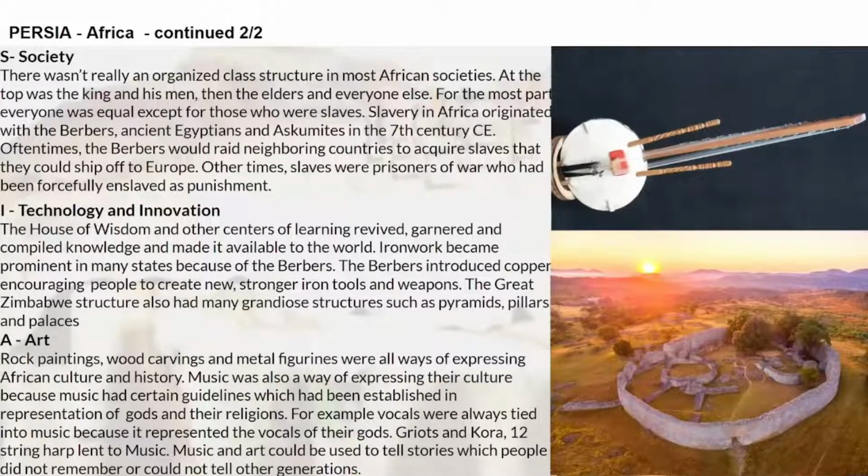Lastly, art. Art was a way of expressing culture and history for those who didn't know much of it. Things like rock paintings, wood carvings, and metal figurines were ways to express African culture and history. Oftentimes, when bards couldn't remember everything, they could look back at art on walls or even traditional music and dancing as ways to express how their gods carry themselves and how the gods were represented, because oftentimes gods would be represented through dance and through vocals.